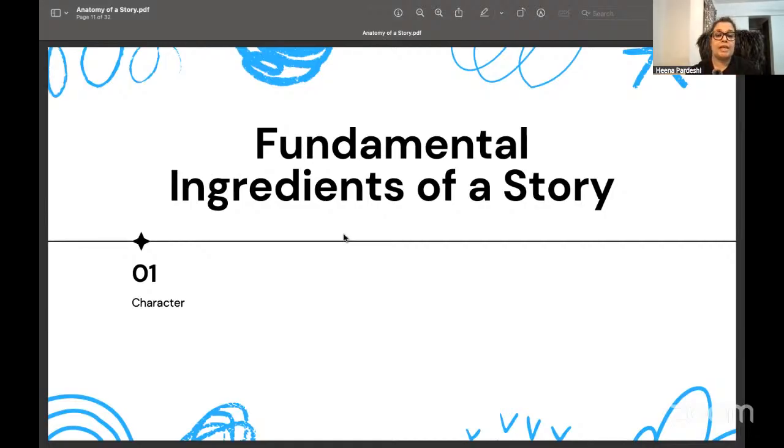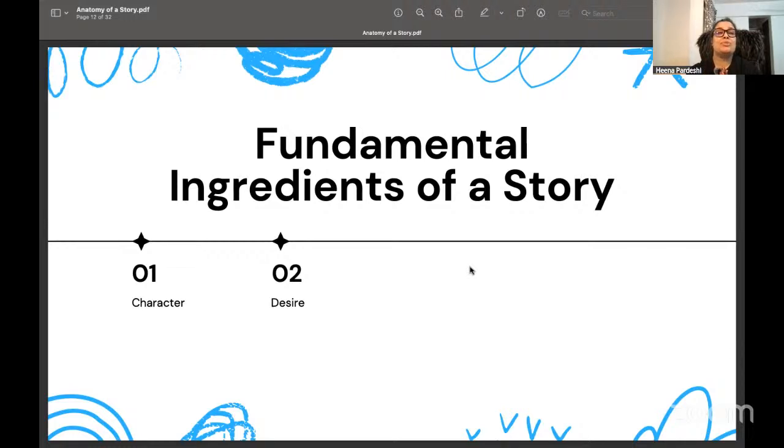Now, let's look at the second ingredient of the story, that is desire. Desire, also known as goal, is an engine that drives the story.